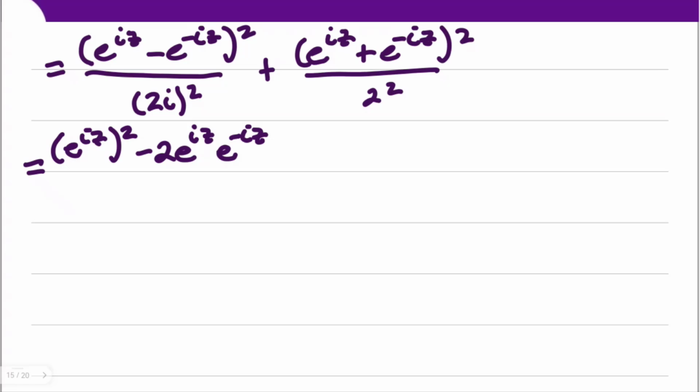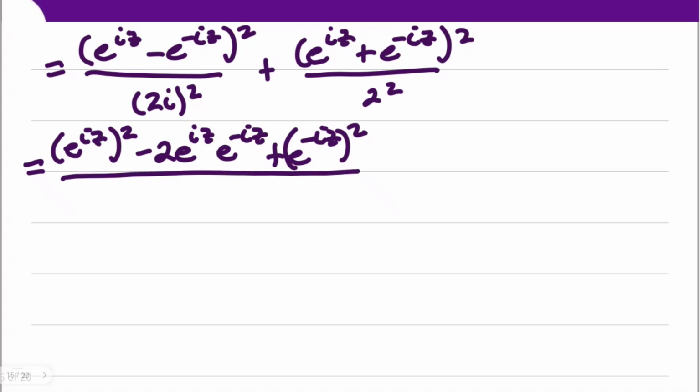Then we have the square of the second term, so the minus here will become plus: plus e to the power of negative iz, and then squared. Sorry, not like that, pardon. It should be like this: negative iz squared. Nevertheless, later on, we will be multiplying the exponents according to the power law. All over, our denominator is just 4i squared. We'll return to that i squared later on. Let's just simply complete here.